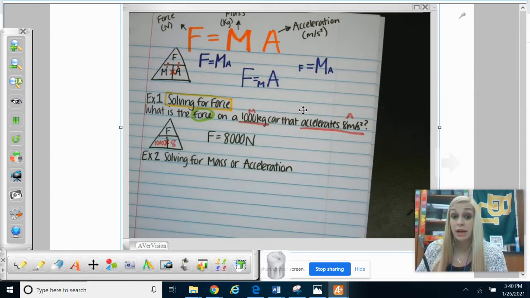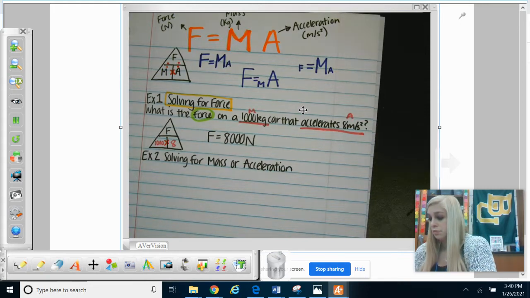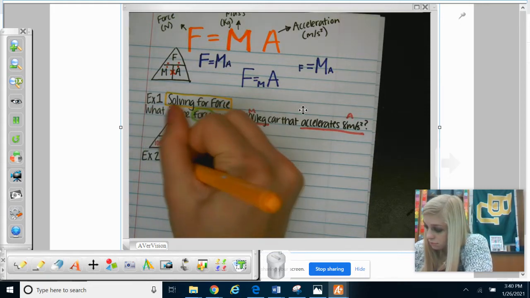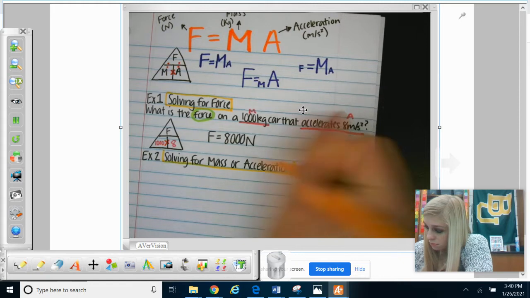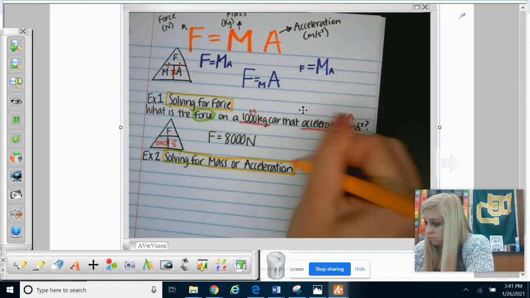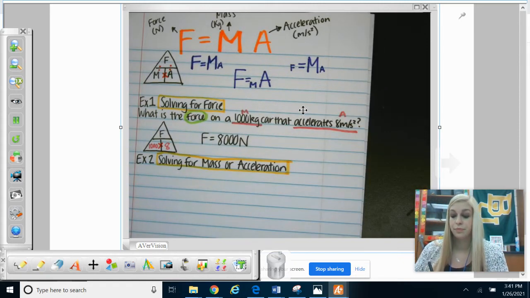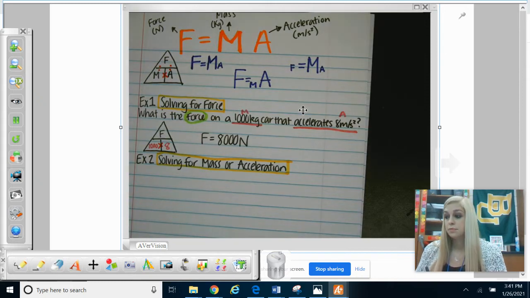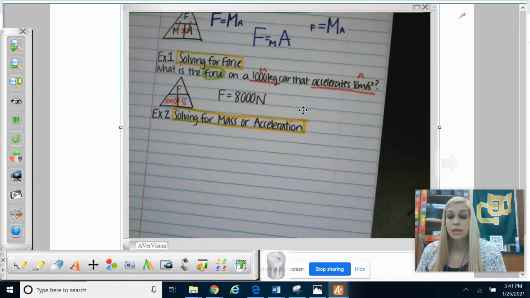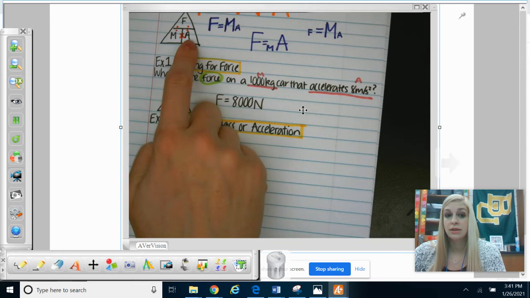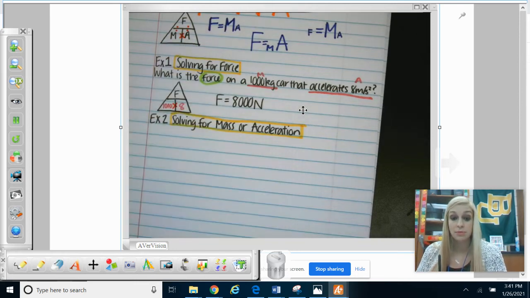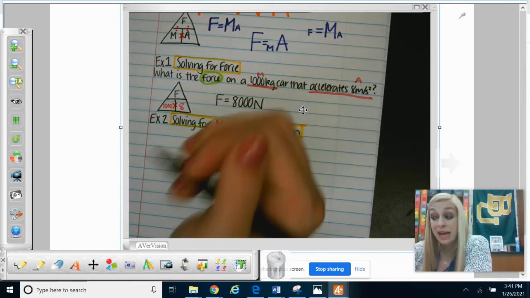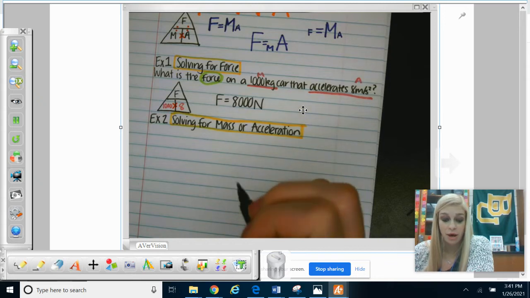So if we're solving for M or A. All right, so if we're solving for M or A, this is going to be different because we're not going to be multiplying. So we'll have to divide if we're solving for M or A.